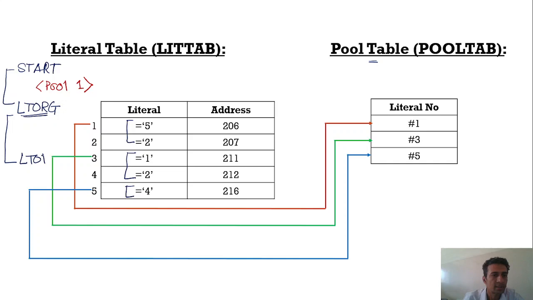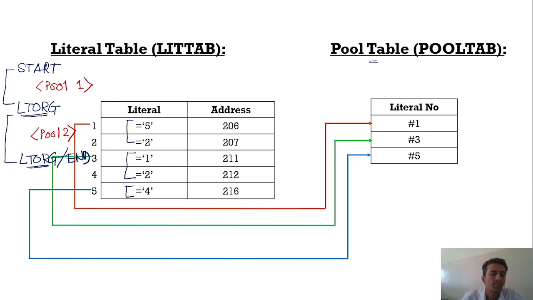For those literals, either we will get another LTORG statement to allocate memory to them, or we may not get LTORG, and rather we will find the END statement. In this case, all the literals used after the first occurrence of LTORG, that is between either two LTORGs or between LTORG and END, will be referred to as pool 2 of literals.